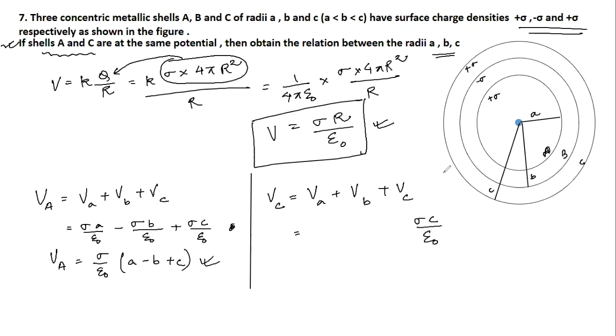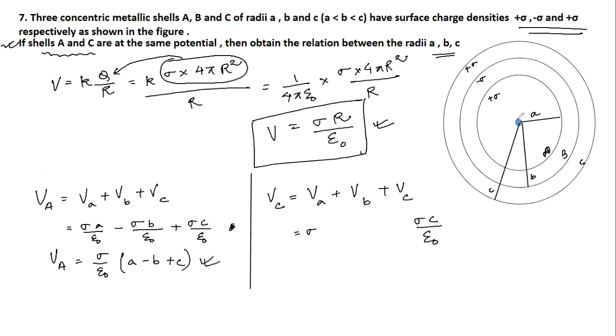Okay. But when we find potential due to A, remember this surface A is inside the shell C. So for that, what will happen? It will be sigma. Now since sigma charge density is distributed over this sphere A, it has a surface area 4 pi r square. Remember, when we find our charge value, we multiply the charge density with the surface area of that particular sphere.